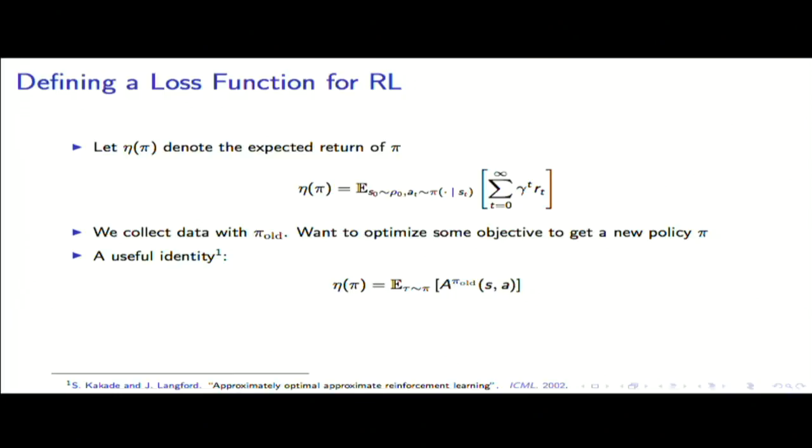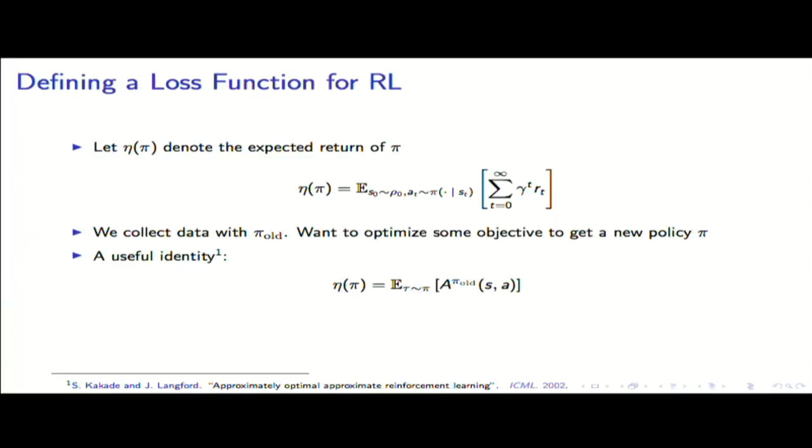First, there's a very useful identity, which is that you can write the expected performance of a policy pi in terms of the advantage function of pi old. The idea is you generate a trajectory using pi. Oh, this should say plus eta of pi old.